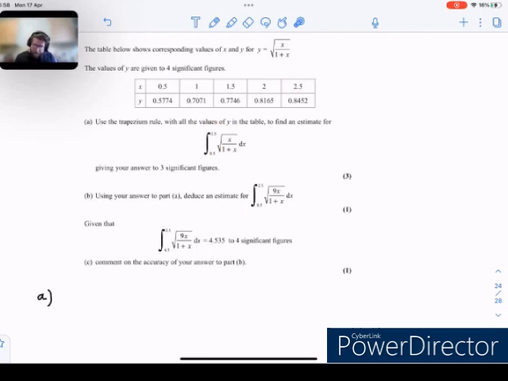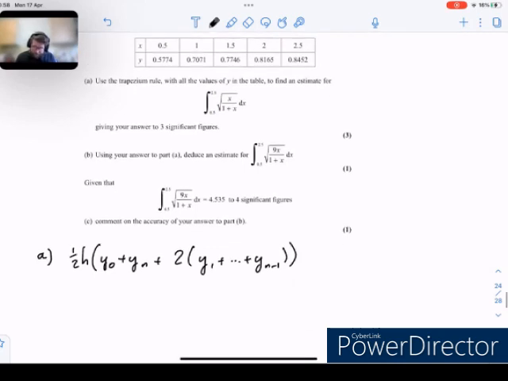So using the formula, which is half h times y naught plus yn plus 2 times all the others. So that's the formula. It is in the formula book, so if you don't remember it, you will be forgiven for that.